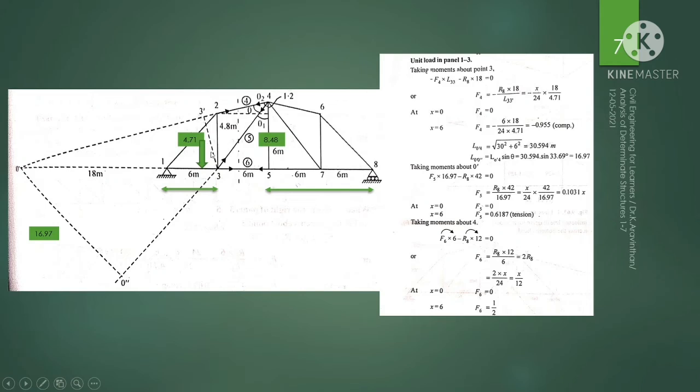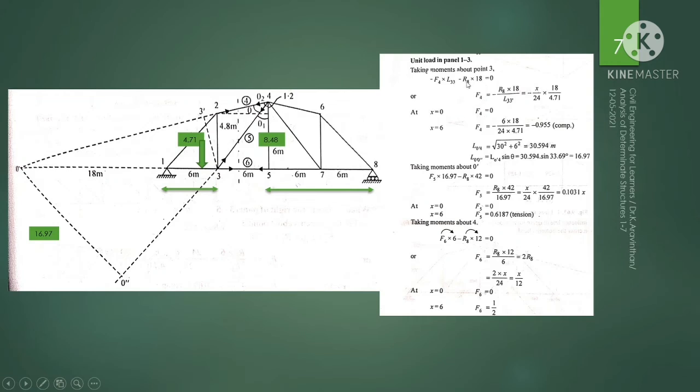The perpendicular distance with the point 3 is L33 dash, and we already know the L33 dash. Since it is also anti-clockwise with respect to the joint 3, hence it is taken as minus. If you want F4, you can take this outside, minus R8.